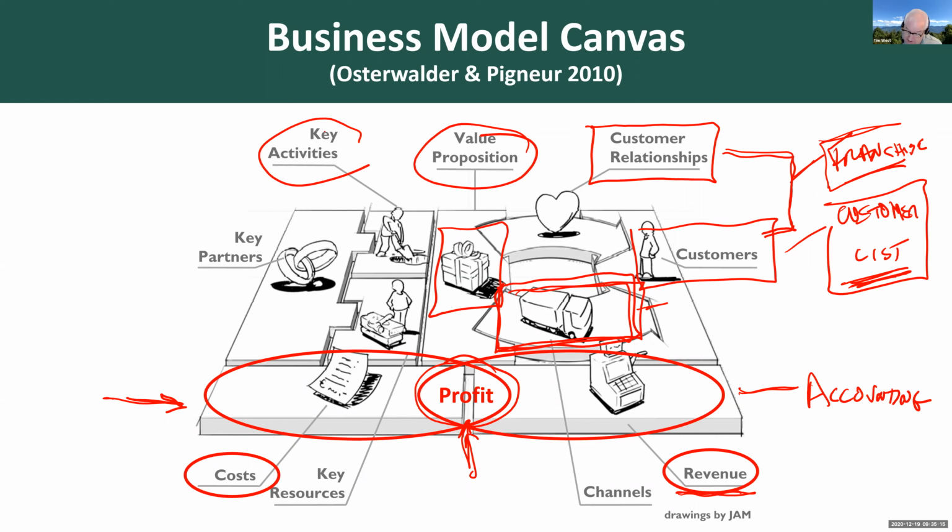Key activities, we talked about some of those. Again, very difficult to quantify. Ultimately, for the accounting of that, if you've got people or relationships with folks, you could have contracts, fees. Same thing with partners.